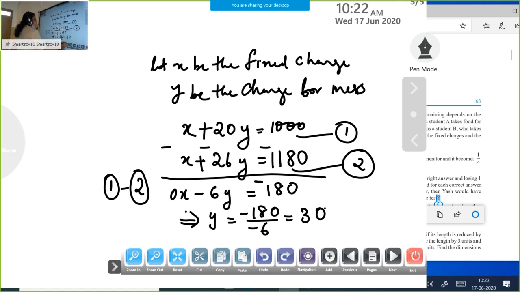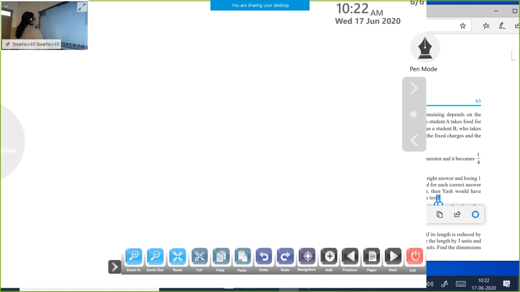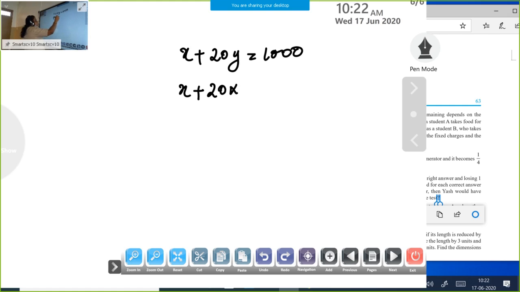Then substituting the value of Y in the first equation, X plus 20Y is equal to 1000. Substituting Y is equal to 30, X plus 20 into 30 is 600, is equal to 1000.